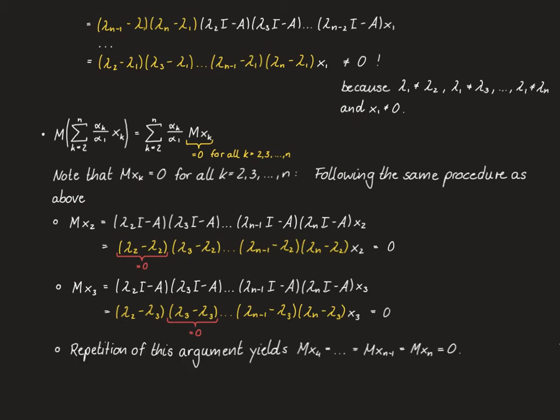By now it's obvious that whenever we take M times x4, M times x5 and so on up to M times xn, there will always be the corresponding factor in this factorization that's equal to 0. This means that we can repeat this argument, and what we get is that Mx4 and so on up to Mxn will all be 0. But if all of the expressions Mxk for k equals 2 to n are all 0, this means that the entire sum here has to be 0, and hence we have a contradiction.